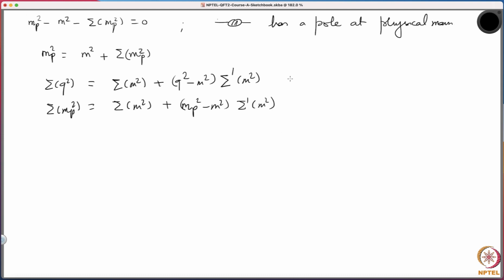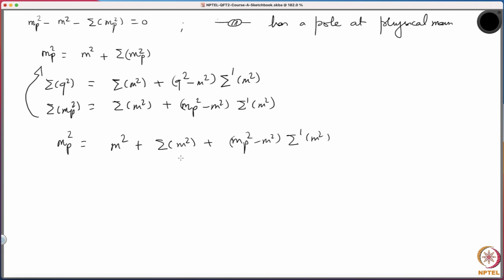And of course you have other higher order terms as well. So when I take this result and put it in here, I get physical mass square equal to m square plus sigma of m square plus mp square minus m square sigma prime m square.